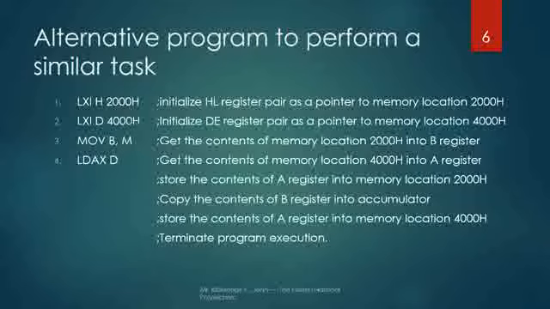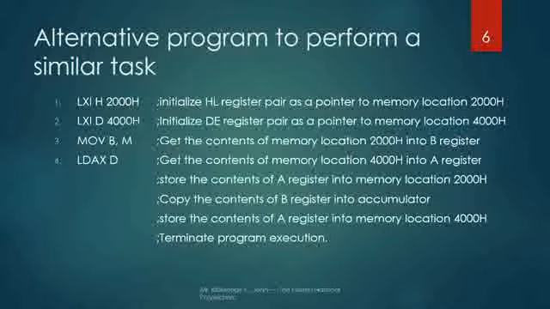Then we get the content of 4000H into register A. We have to use LDAX D. So we are loading the accumulator using the pointer that is in register D, and as you see in our second step, we've initialized D and E to point to the 4000H address, and therefore what is in 4000H is brought into the accumulator.